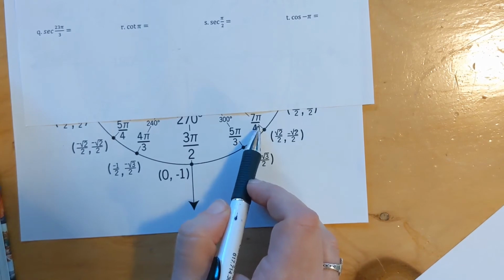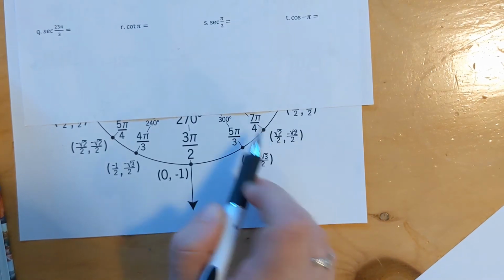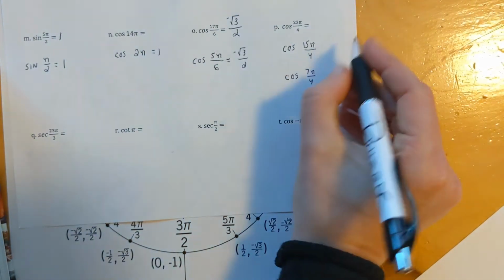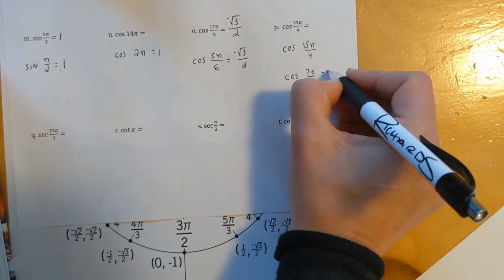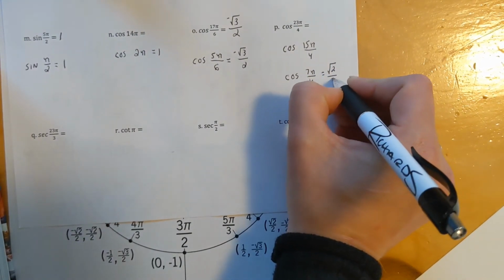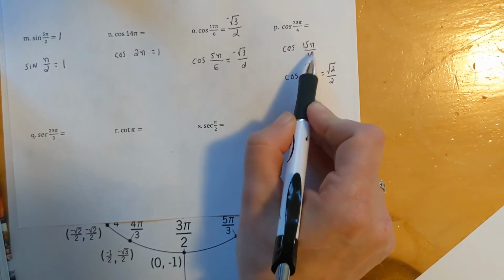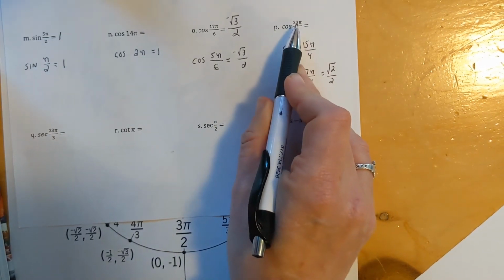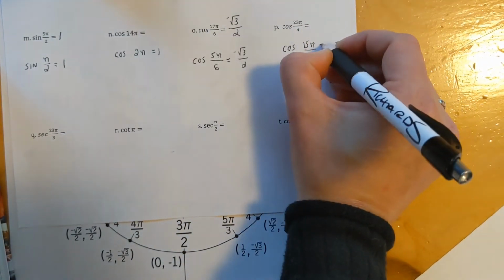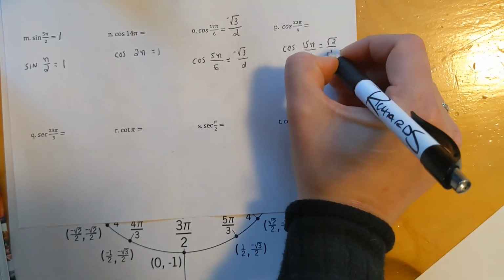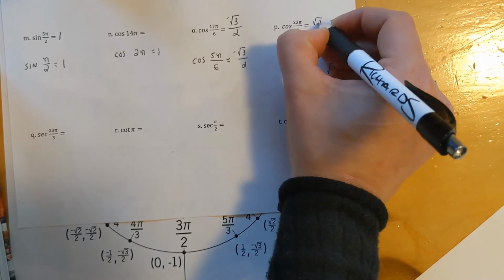So 7 pi over 4, and we're trying to find cosine of that. So it's root 2 over 2. All of these angles are coterminal angles, right? 7 pi over 4 is coterminal with 15 pi over 4 is coterminal with 23 pi over 4. So they're all the same because they're all coterminal.